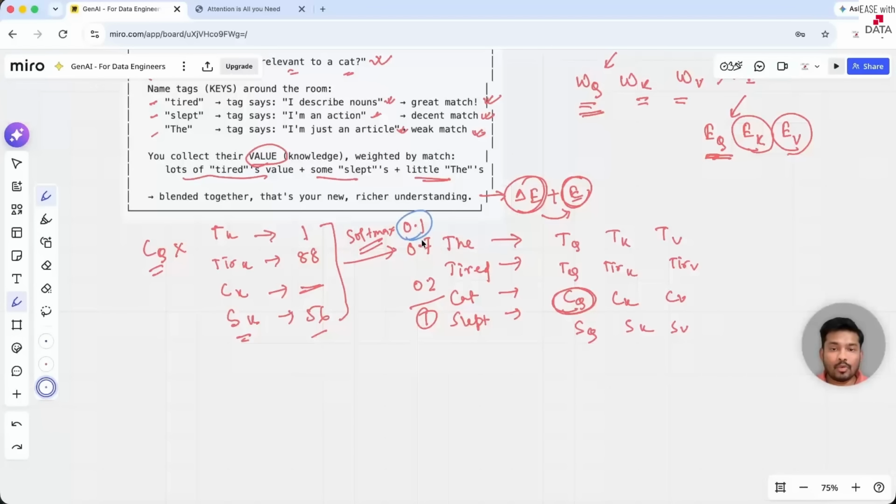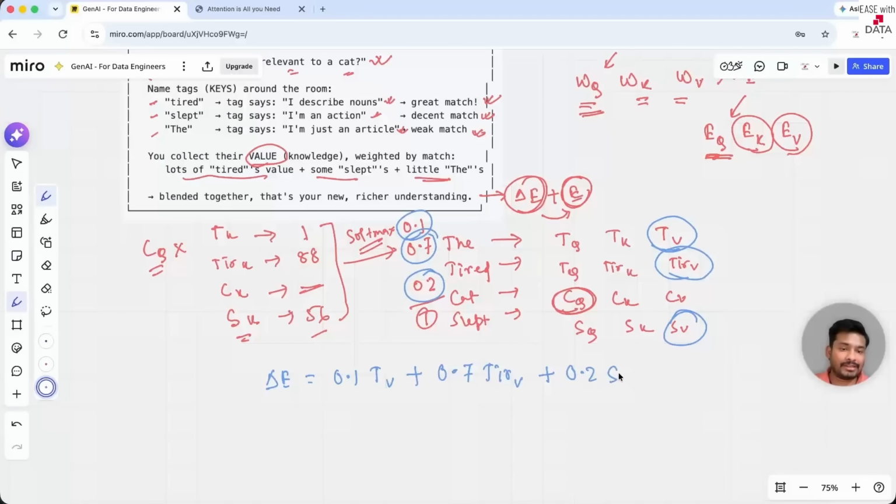Once we get the score for each key, how relevant it is, we are going to multiply this score with the value of that particular embedding. So in order to get the embedding which I have to add to the cat's embedding to make it more aware, I'm going to use 0.1 of the value of the, plus 0.7 of the tired value, which I write as TIRV, plus 0.2 of the slept value, which is SV.